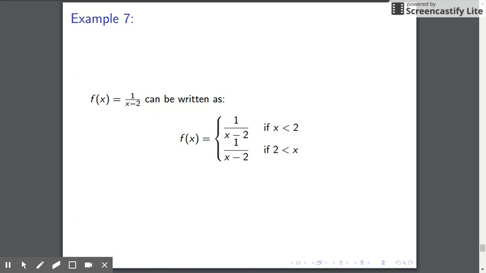So you will have two intervals in the domain, the union of two intervals. So when you're writing it up, it's going to be x less than 2 and x bigger than 2. So this is one of the naturally defined piecewise functions.